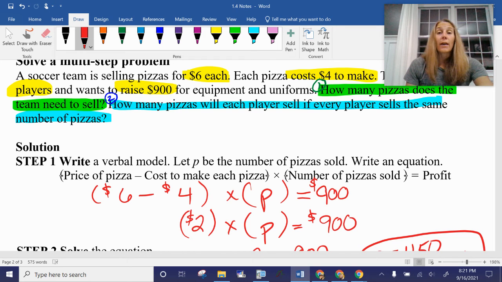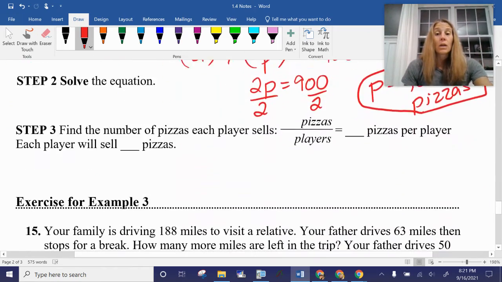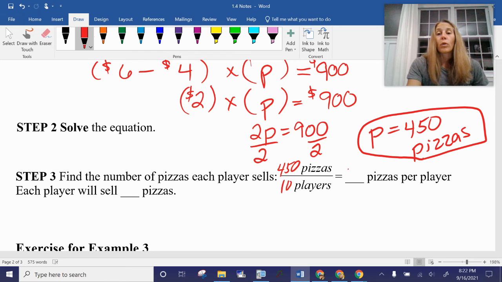We know we have to sell a total of 450 pizzas, and there are 10 players on the team. So 450 pizzas divided by the 10 players, splitting it evenly, gives us 45 pizzas per player, which means each player will have to sell 45 pizzas to meet their quota.